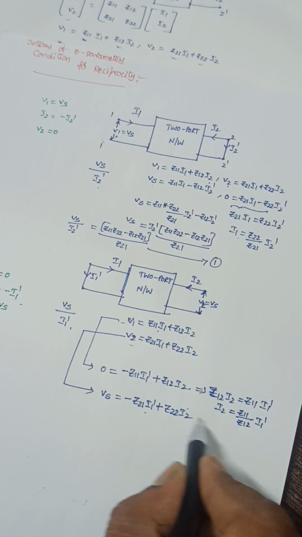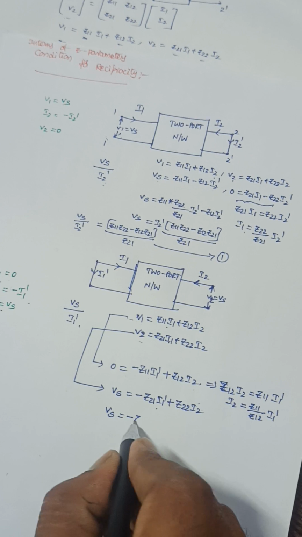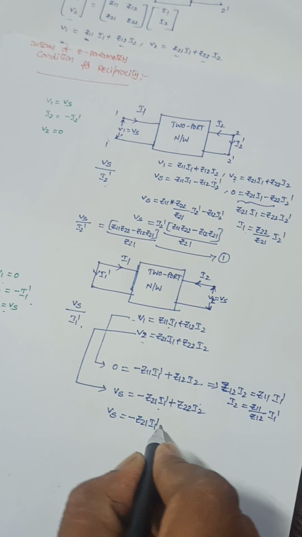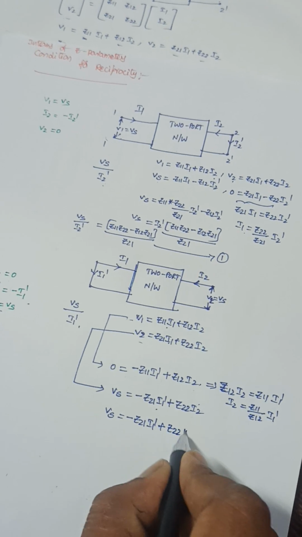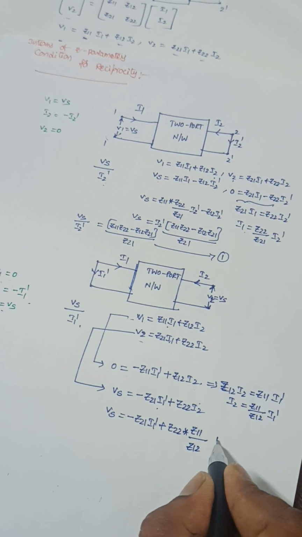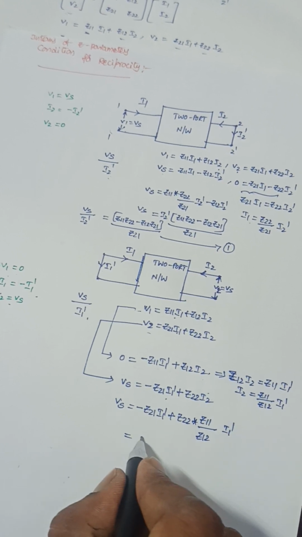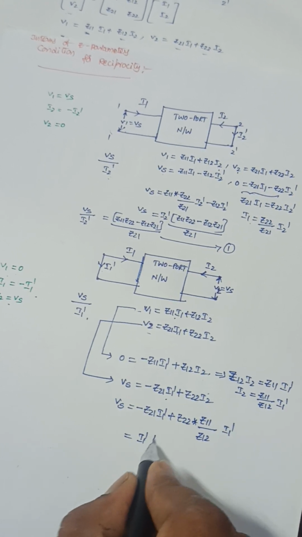Now replace this I2 with this one. I will get Vs is equal to minus Z21 into I1 dash plus Z22 into I2, and in place of I2, Z11 divided by Z12 into I1 dash. Now take this I1 dash as common.